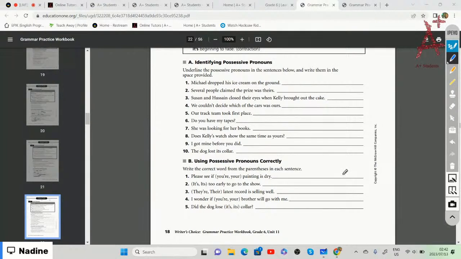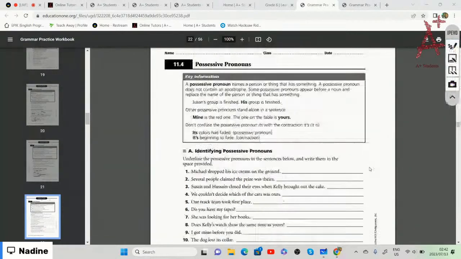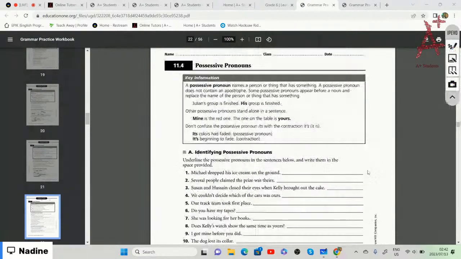And then the other activity we did was to identify possessive pronouns within the sentences by underlining the correct pronoun, right? And we said possessive pronouns show words like mine, yours, ours, theirs, his, hers, its, right?